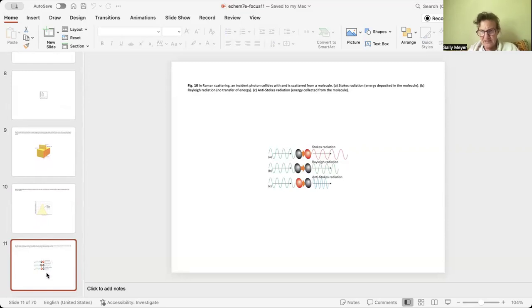So you hit your molecule with a photon, and if it comes off with a longer wavelength, that means some of the energy went to excite the molecule and not as much energy is coming off in a photon. Rayleigh is where it's just scattered and it comes off at exactly the same frequency, and anti-Stokes is where it comes off at a shorter wavelength, therefore a higher frequency, and therefore some of the energy from the molecule is added to the energy of the photon. So you hit it with a photon, the molecule loses some energy in its vibration, and so the photon that comes off has higher energy.